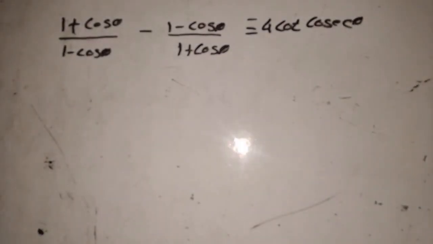Cot is the abbreviation for cotangent. So let's prove this identity. Let's prove this simple identity.